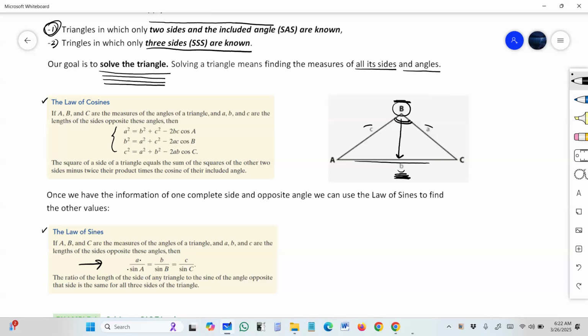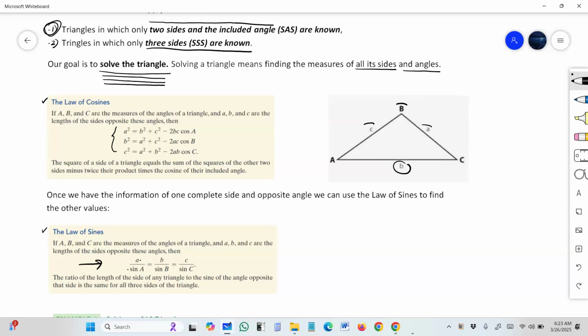Okay, so the same goes for the case where you're given three sides. Use the law of cosines to find the largest angle. Or if you're given two sides and one angle, use the law of cosines to find the side opposite to that angle, and then go to the law of sines.